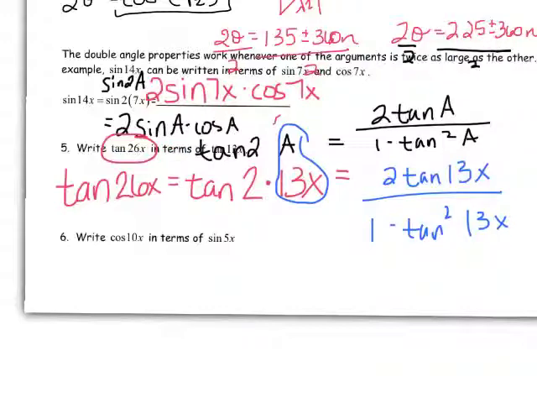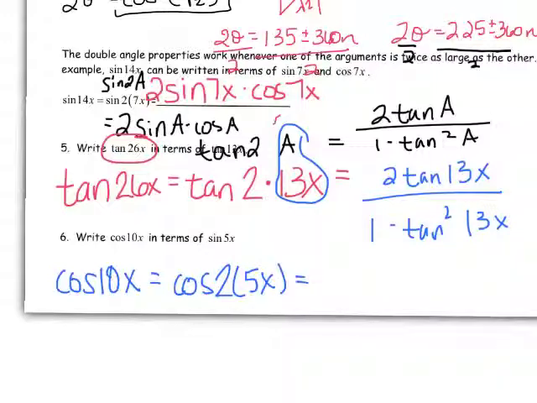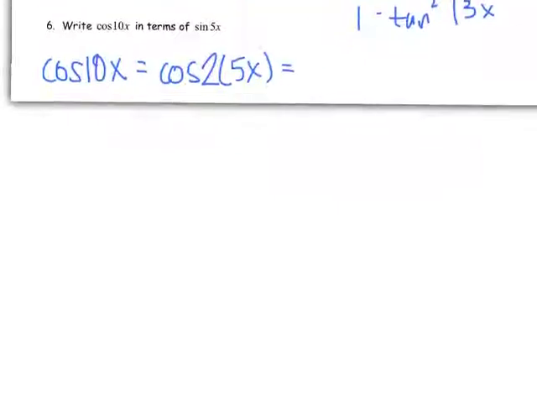All right, and then lastly, cosine of 10x is equal to cosine of 2 times 5x. This is a little bit trickier, but it really isn't because it tells you what to write it in, in terms of sine of 5x.